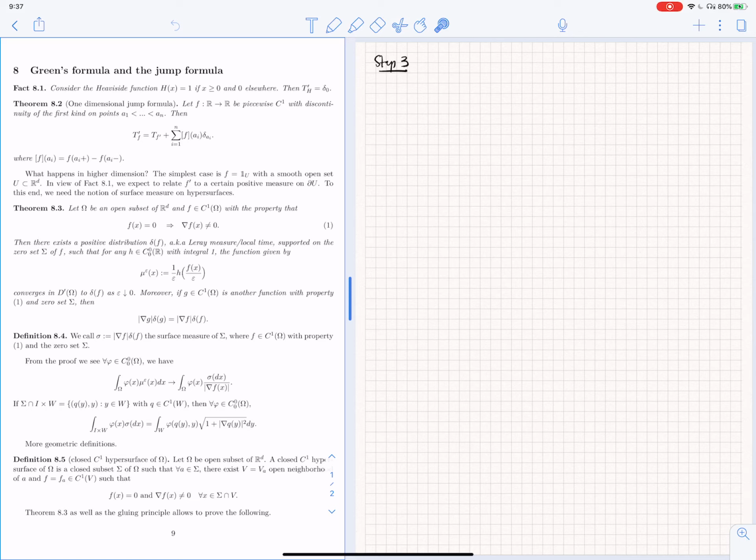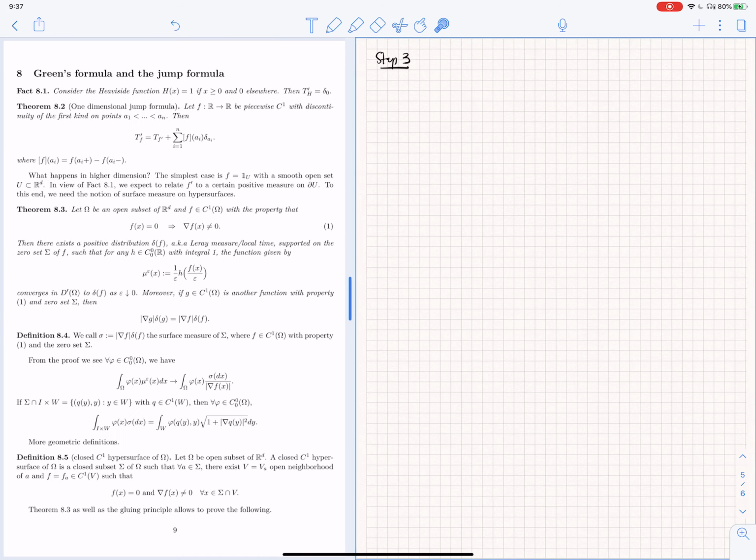We can actually compute this for any test function. We can compute gradient F times delta of F. There's no problem in defining such a thing. As I said, it's delta F applied to gradient F phi, right?